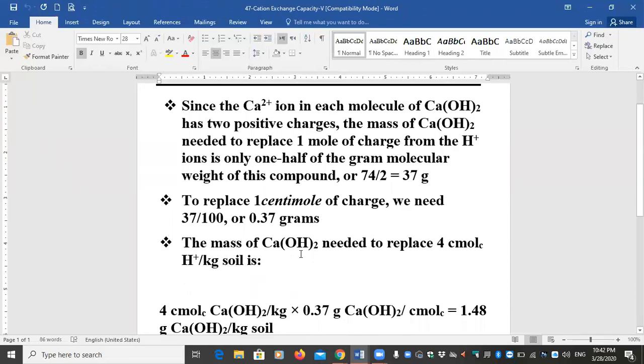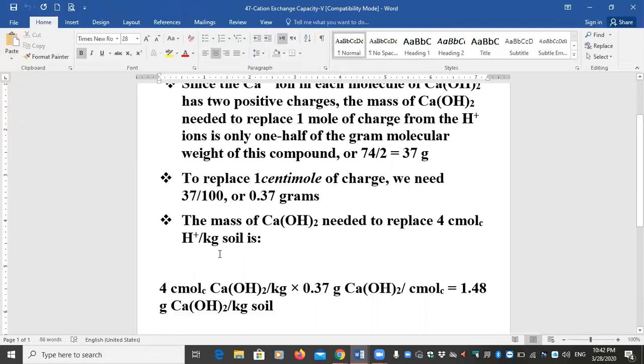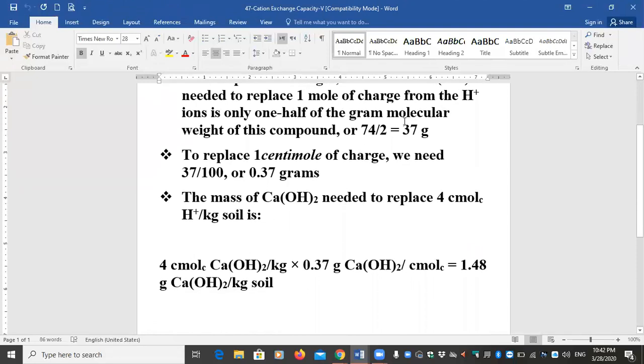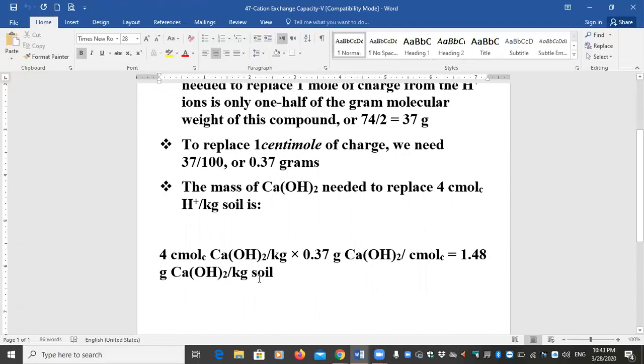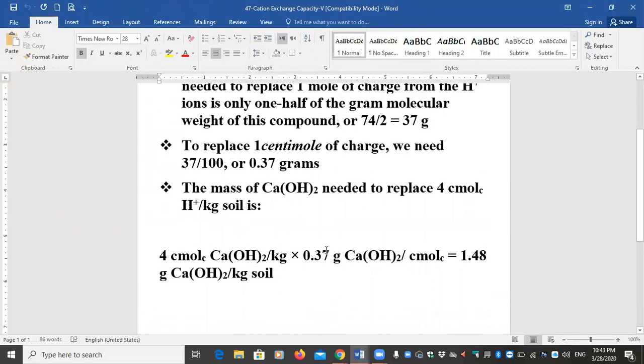That is the mass of CaOH2 needed to replace 1 centimole of charge. Remember, just like we did in the other examples, each centimole weighs 0.37 grams. If we need to replace 4 centimoles per kilogram soil, we multiply the 4 by 0.37, which is the mass for each centimole, and that will give us 1.48 grams of calcium hydroxide per kilogram soil.